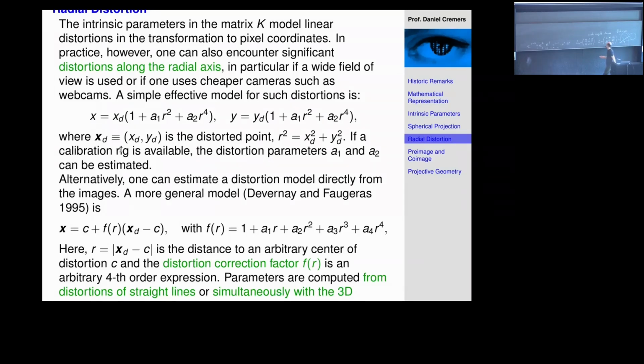Least squares fit basically means, I didn't write that down, but the idea is you take a sum of points, let's say large n points, i from 1 to n, and then you have the coordinate where I see it, xi, minus the xi that I model here, so that would be xdi, times 1 plus a r squared plus b r to the power of 4, and then the whole thing squared, right?